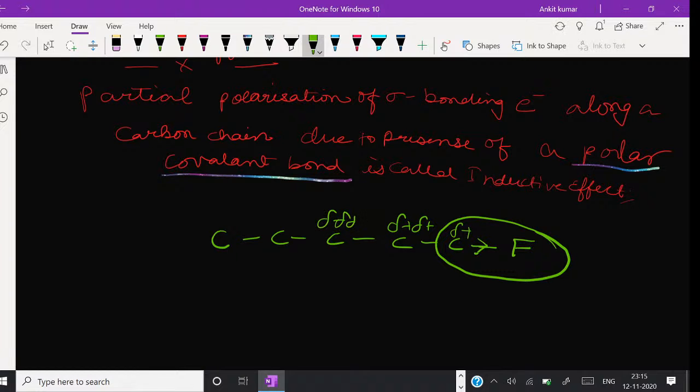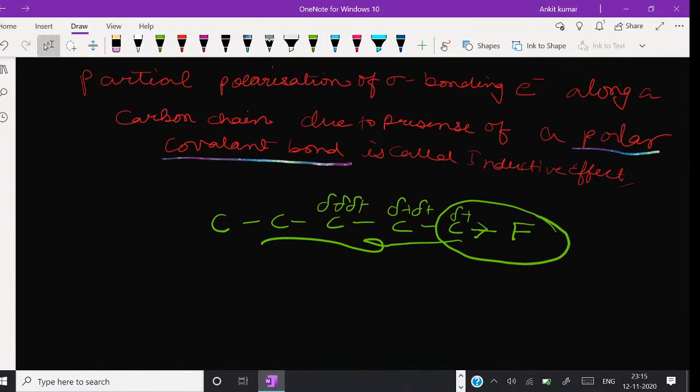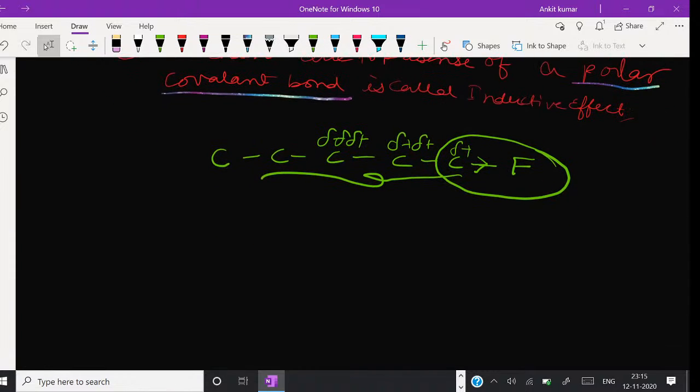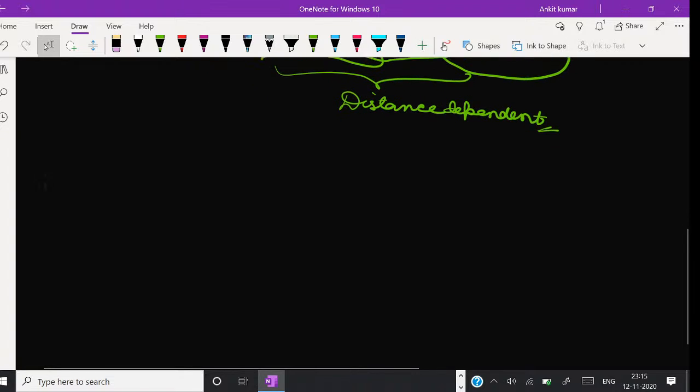And inductive effect decreases after 3 to 4 carbons. Maximum it goes to 4 to 5 carbon, and thereafter it is negligible. So you can notice that inductive is distance dependent.